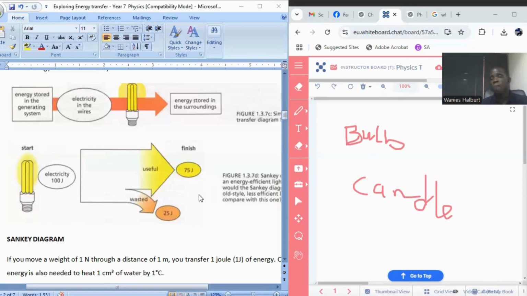So now, I'm going to give you an assignment. When you get back home, look at the various gadgets that you use, and be able to draw their Sankey diagram. The Sankey diagram will tell you what percentage of the energy in that particular device is useful and how much is wasted.